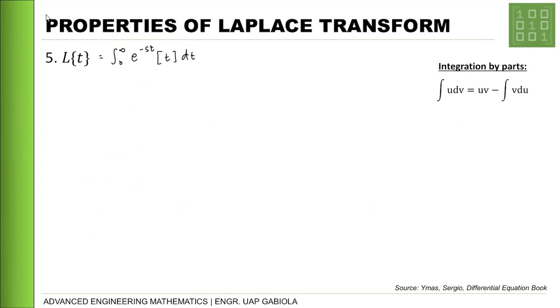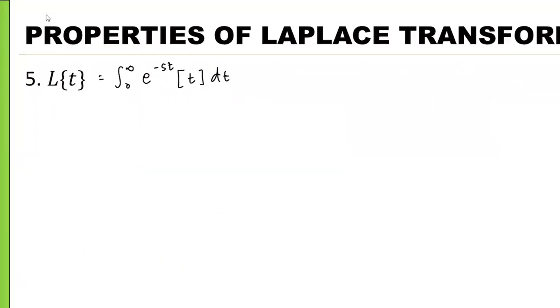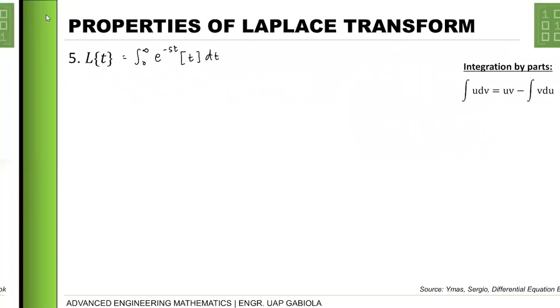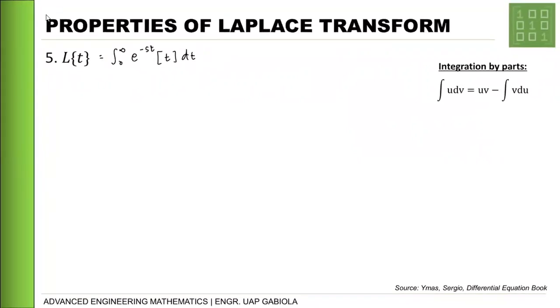Okay? Then, when we look at this function, according to our integral solution, we cannot easily solve this using basic integration formula. So what we need to do is to apply yung tinatawag nating integration by parts, okay?